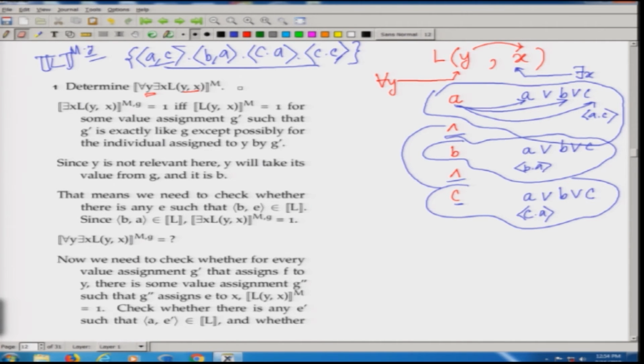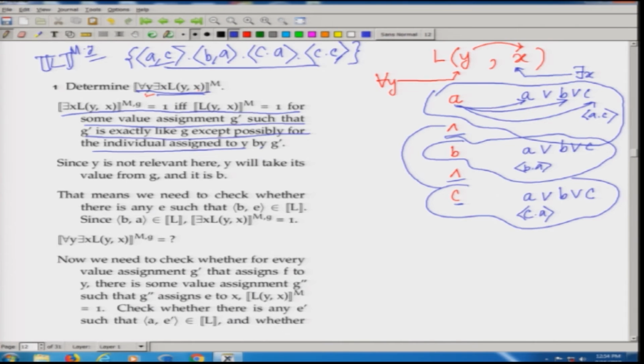But then the question is, if we finally have to check the truth value of the whole thing anyway, what is the point in having this in parts? Have you seen that we started with some y L y x? What is the point in doing it? The point is this: we are doing it in parts. Even while checking it, we checked 3 parts because there are 3 individuals.